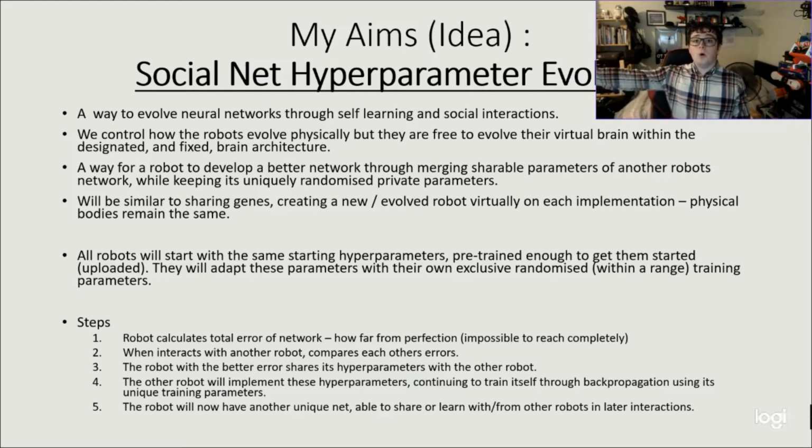Then it will go off and carry on learning with this new brain, or new parts of the brain, while the actual training part of it is still itself. So by the time they next meet up, for all we know, this one might be better than this one. If not, it would also share its parameters.